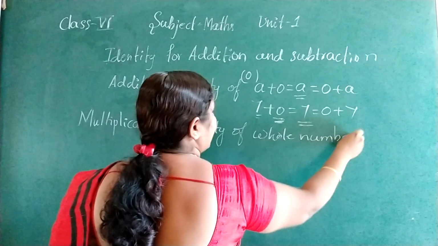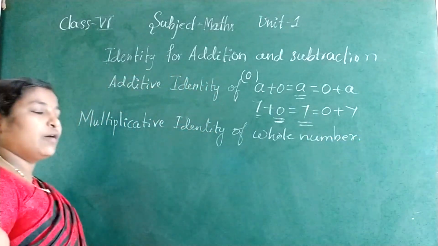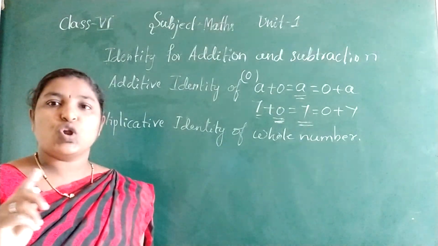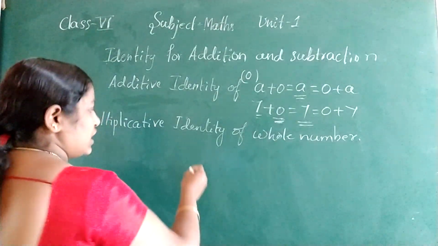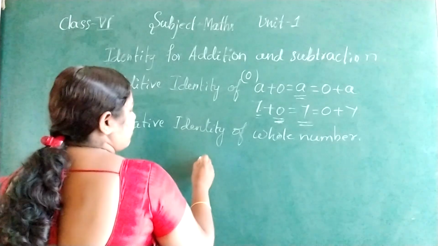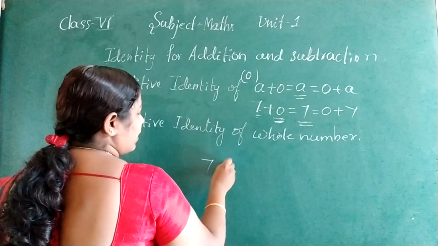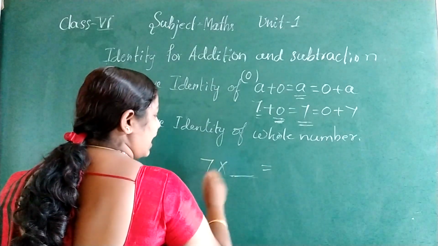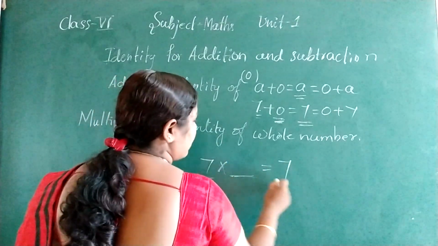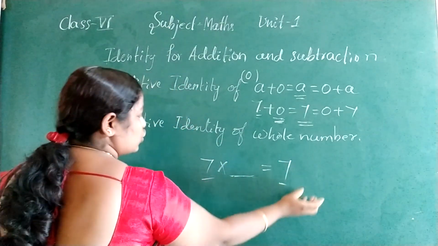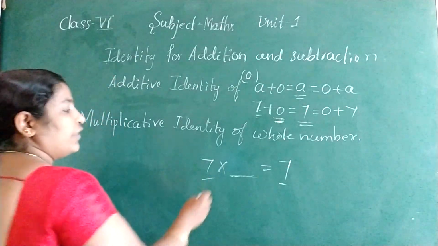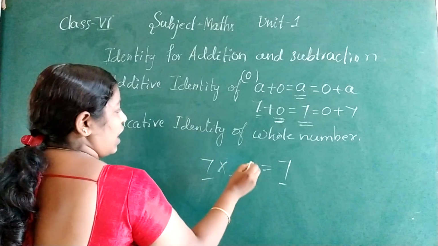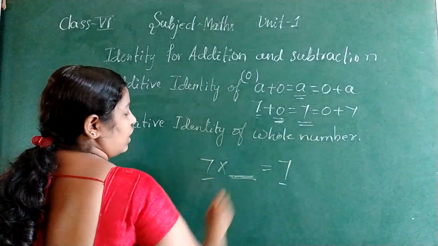If we multiply any number with a certain number, the number should not change. For example, take 7. If I multiply it with the right number, it has to give the answer 7 again. So the result should be the number itself. Then this number is called the multiplicative identity of whole numbers.